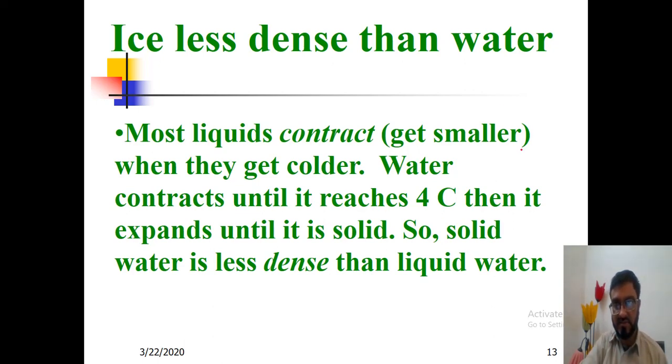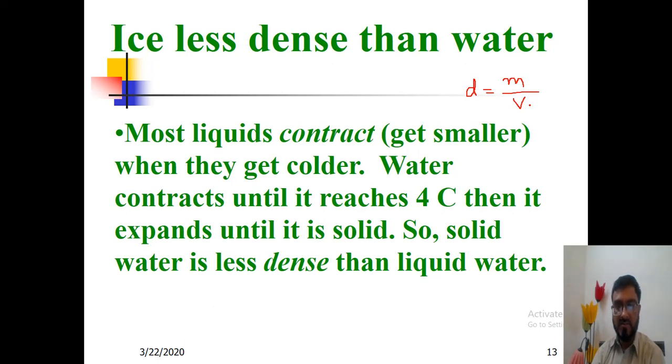You know that density is mass per unit volume. Density is equal to mass per unit volume. So volume and density have an inverse relation.